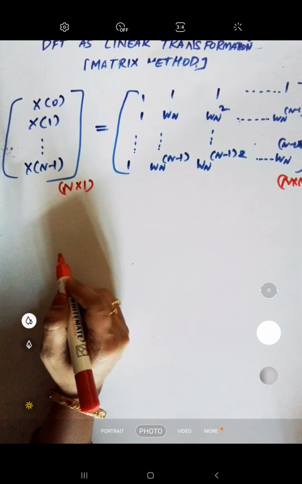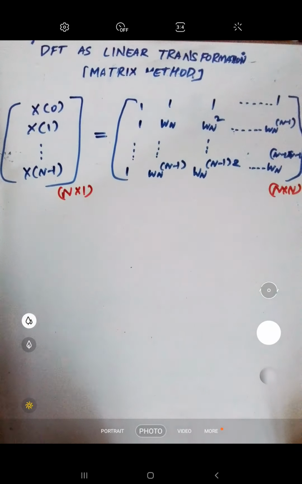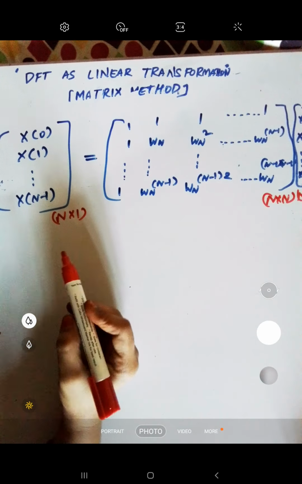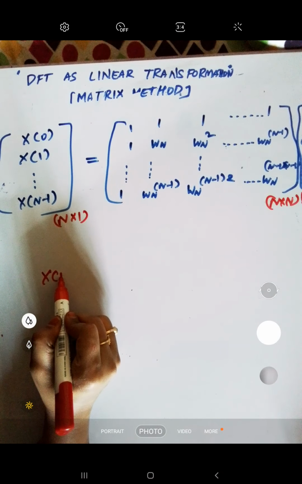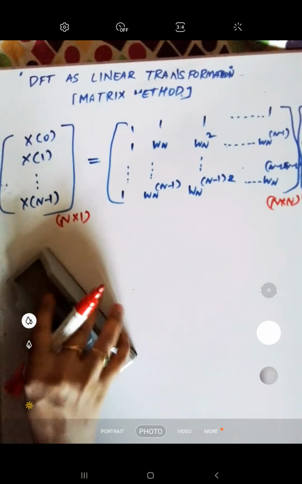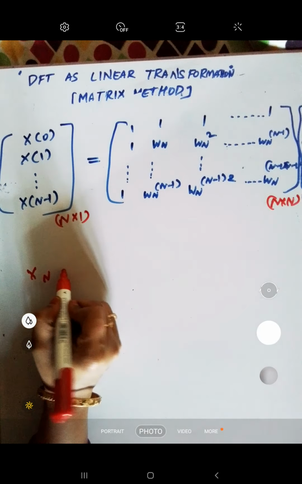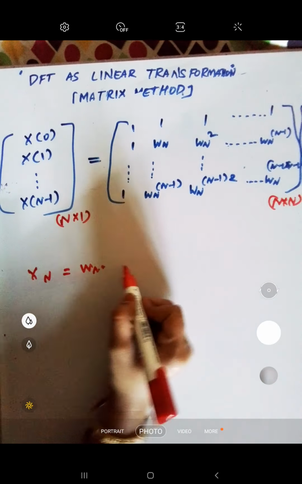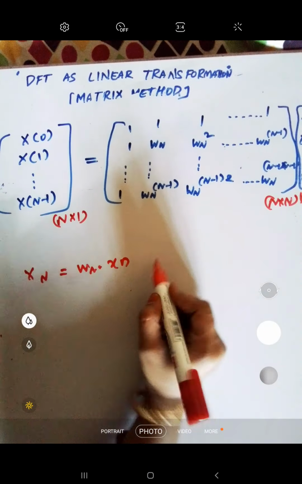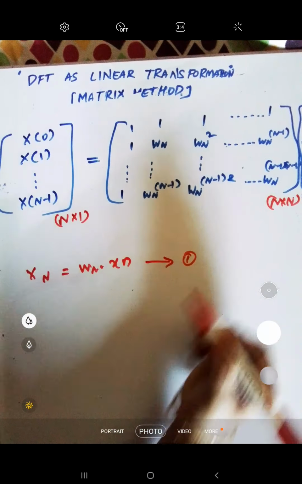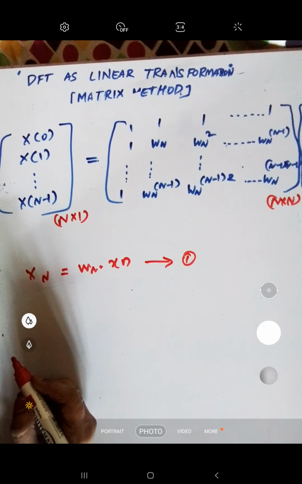Symbolically, this can be written as X of k is equal to W_N into x of n. This is equation 1. By using this equation, you can find the discrete Fourier transform of a given sequence.